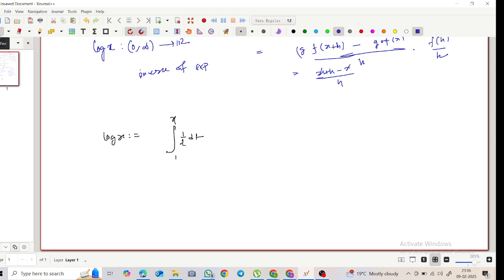That's one way to do it, but log e to the power x. You can integrate 1 by t by Riemann integration, not an issue.